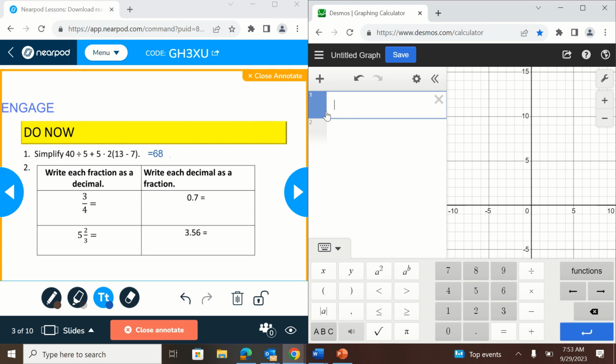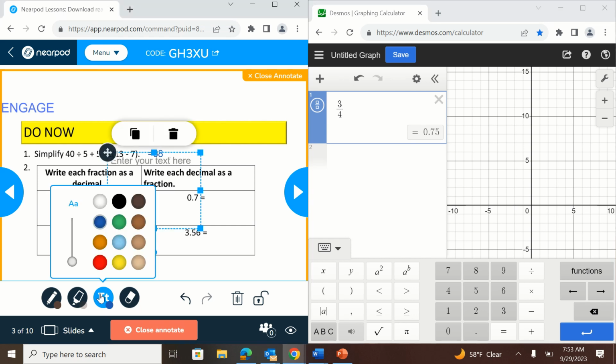So in this case, students are able to go ahead and present 3 over 4 and come up with the answer of 0.75.